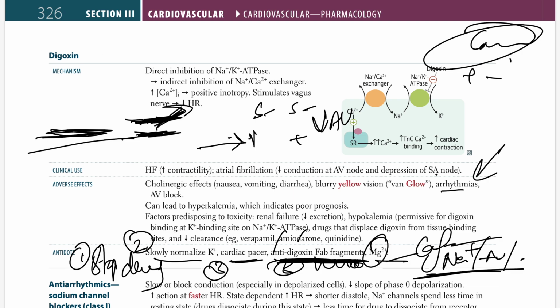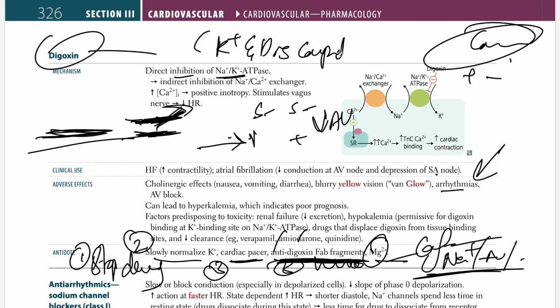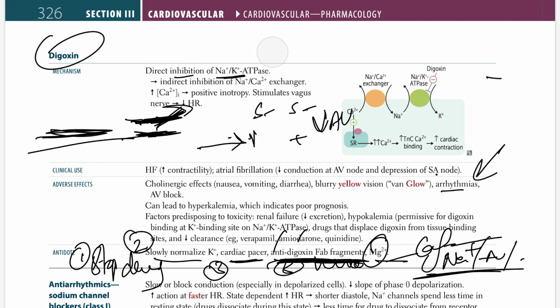One more thing: digoxin binds, and we said it inhibits the sodium potassium ATPase. So potassium and digoxin are going to compete for the binding site of the sodium potassium ATPase.